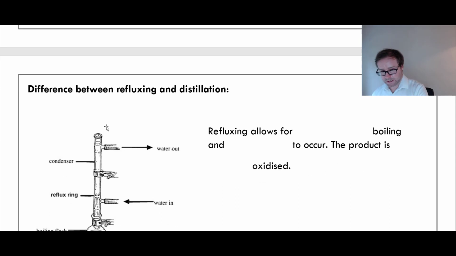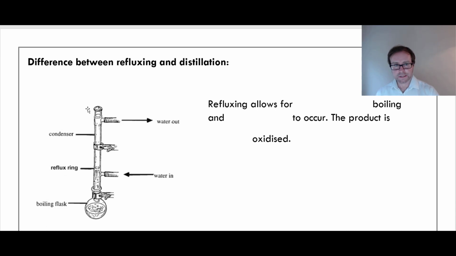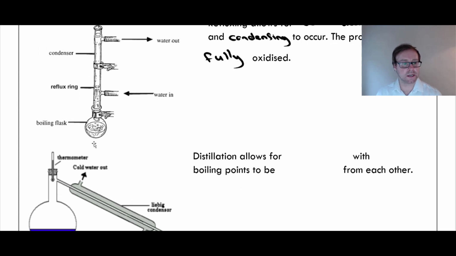Okay, so we've talked about reflux and distillation. So what's the difference between reflux and distillation? Refluxing allows for continual boiling and condensing to occur. The product is completely or fully oxidized.